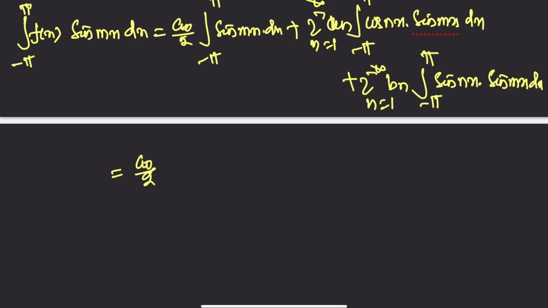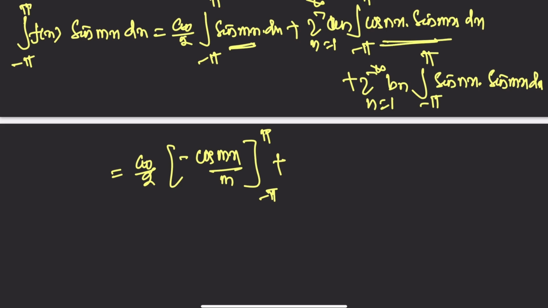a_0 by 2, the integration of sin mx is minus cos mx by m, limit is minus pi to pi, plus in the second term, according to the orthogonal properties, it becomes 0.